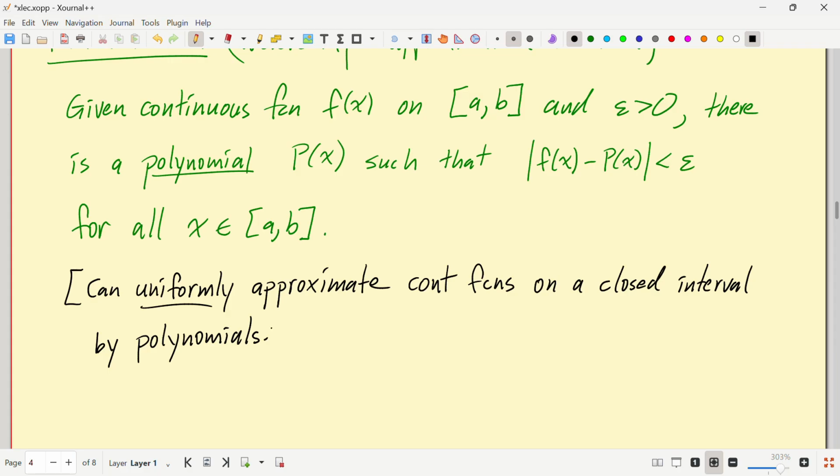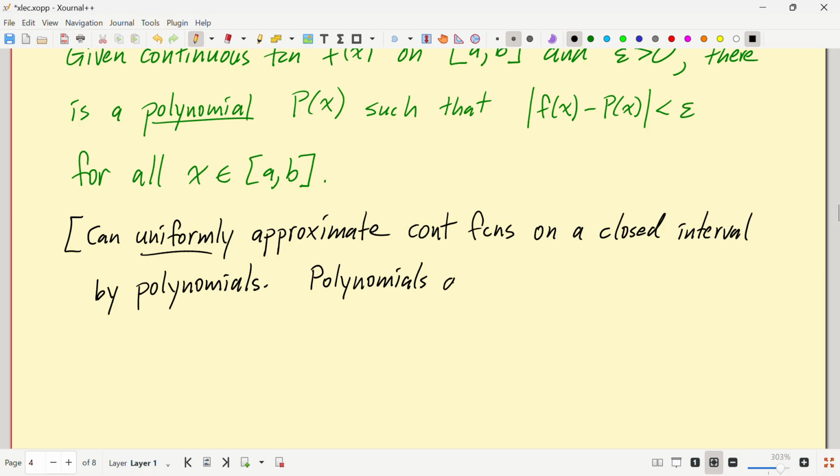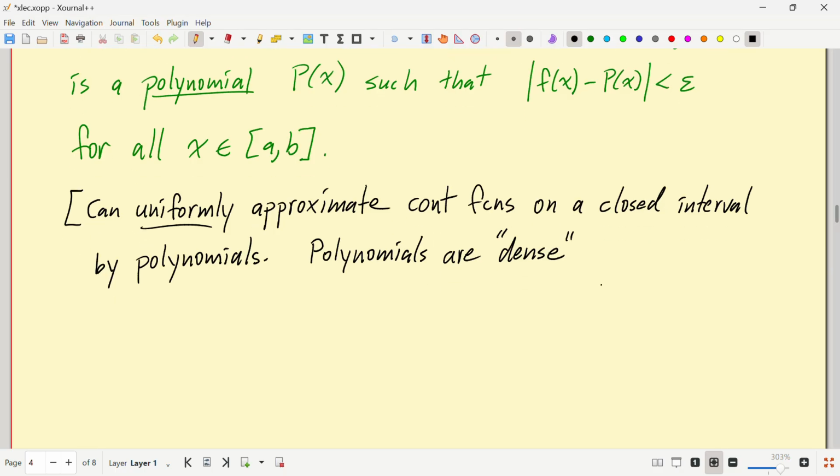A fancier math way of saying that is that polynomials are dense. If you think about the distance between two functions as being that epsilon distance in the graph, then this means that the polynomials are close to anything you want. They're dense. And we'll make a mathematical meaning out of that word at some point. In fact, we have the density of the rational numbers in the real numbers. It's a very similar idea.